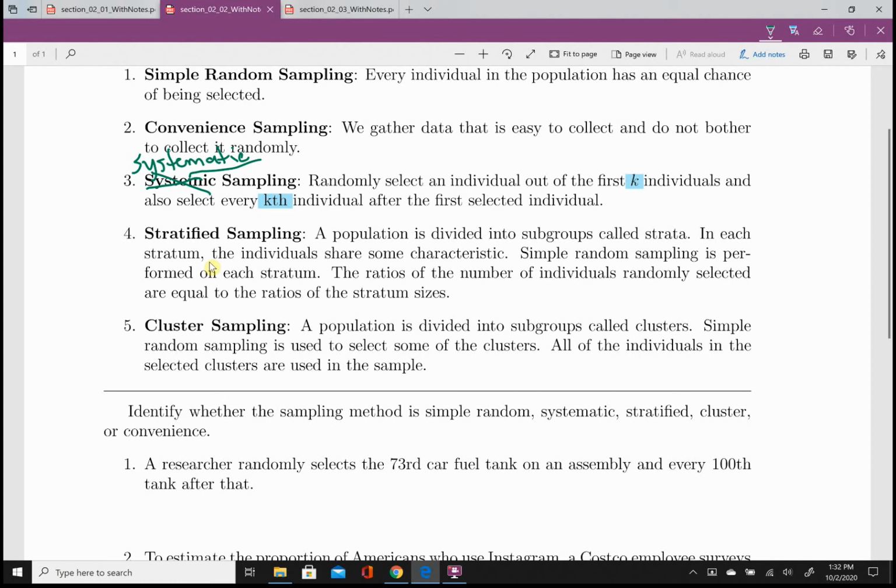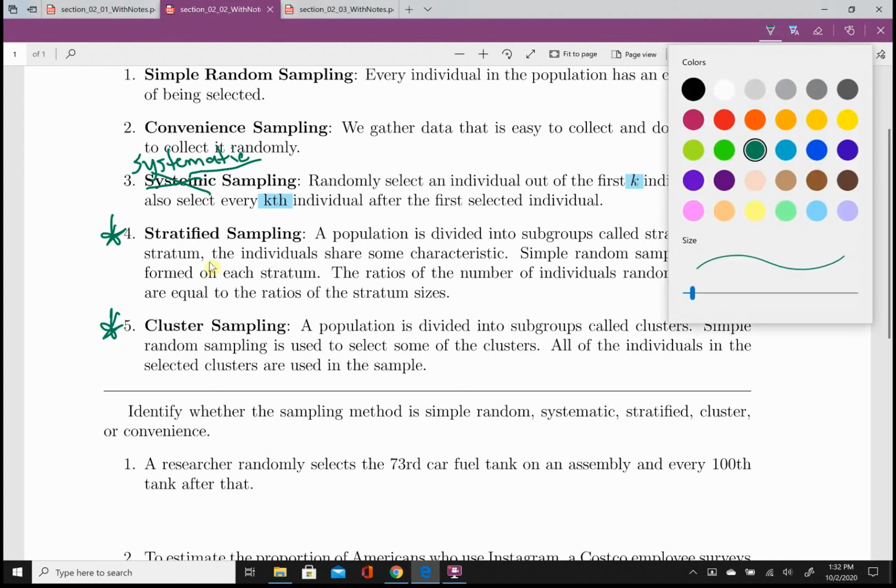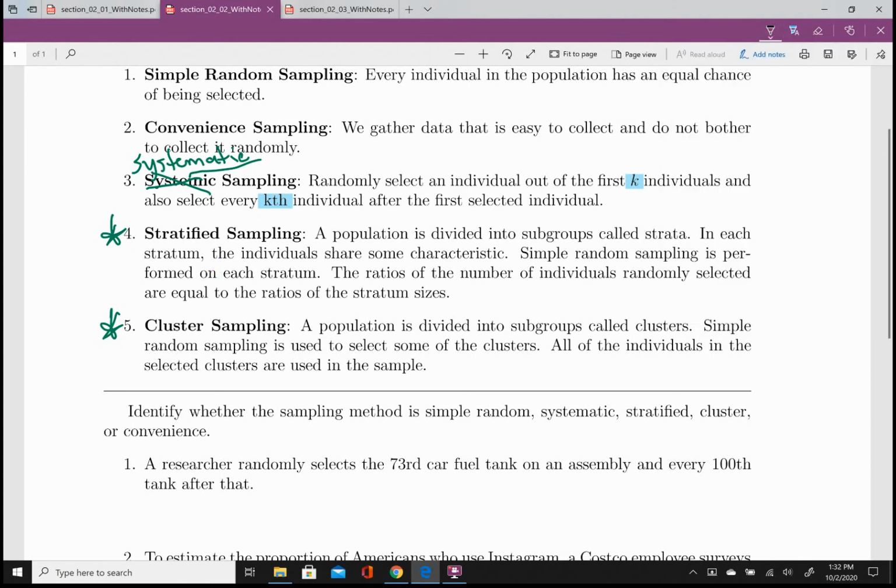As far as being able to distinguish this one from this one, I have a couple of different ways to identify what's going on here. For stratified sampling, I'm going to put a little picture off to the side. We have a population, and it's divided into subgroups called strata.